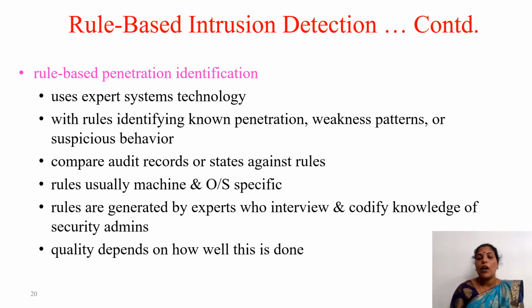Another way of generating the rules is by means of experts who interview and codify the knowledge of the security admins. The quality of this rule-based penetration identification depends on how well this approach is done. Based on that only we can predict the quality of this methodology.